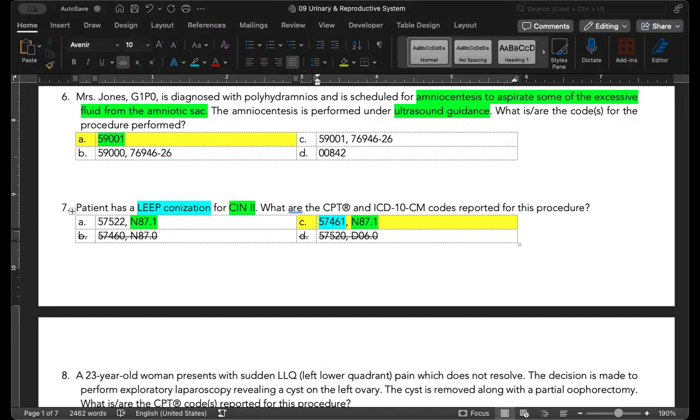You should be able to look it up under LEEP in the alphabetic index. Let's look real quick. I think it's under LEEP. Yep, LEEP procedure, and then you have either a conization or an excision. Thank you. You're very welcome.